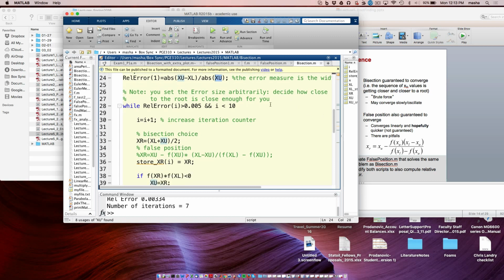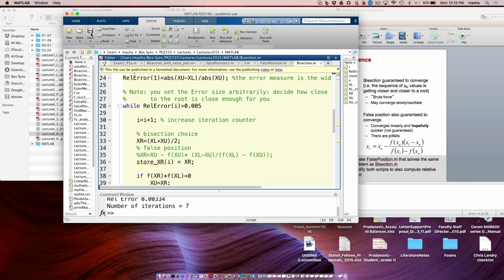And I keep going. This was actually a test, so I'm going to remove this for now. I'm going to say, while my relative error is larger than some cutoff value, which depends on the problem you're solving. If you don't have an idea, then you try it out and see how it works. Here I have a cubic function that I just came up with, so I don't have a physical context for the problem I'm solving.